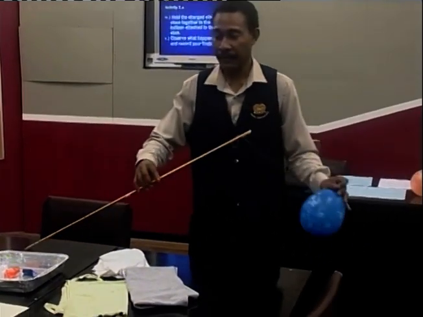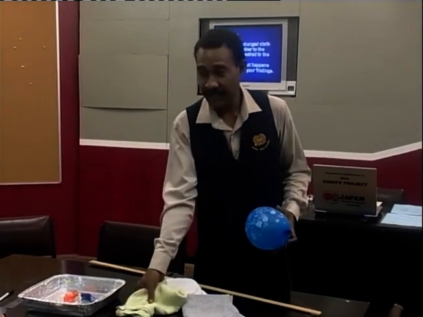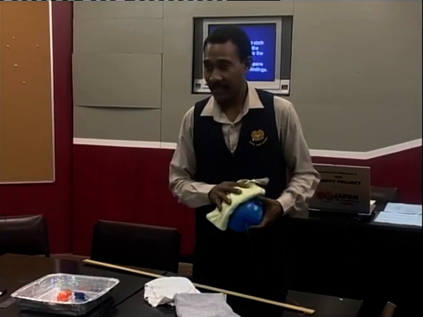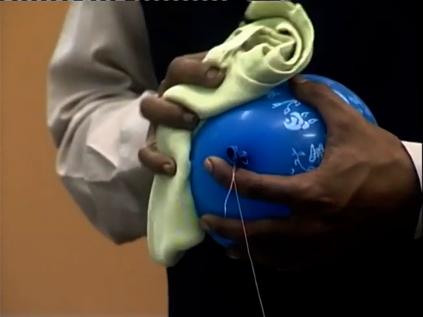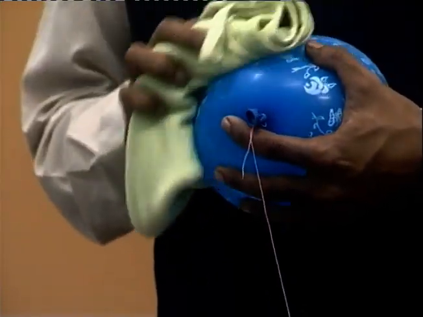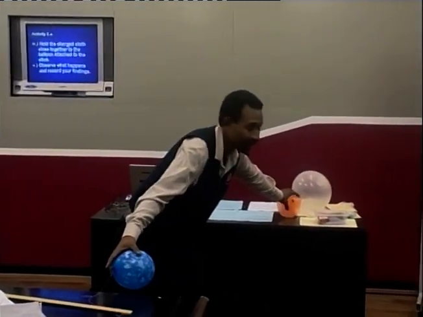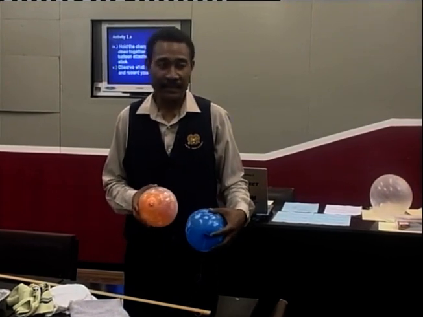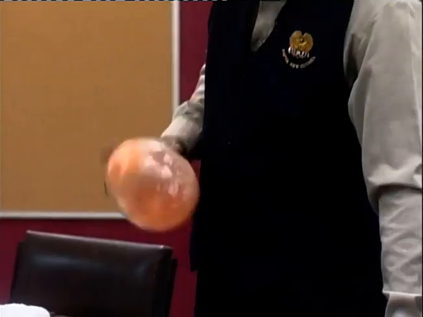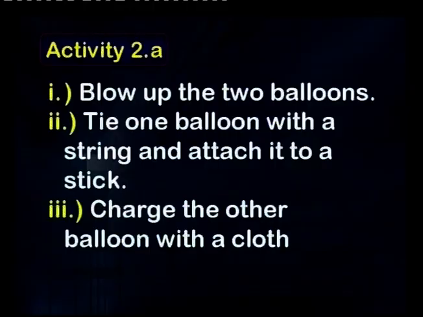On the side of the table. Then you use these materials here, charging it. You will charge it like that, rubbing it together. You will rub it together. And then you will get the other one and try to put it closely together and see what happens. That's what you are going to do. But you will follow the instructions and do that. So that's for activity number 2.